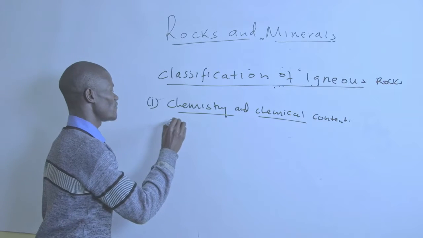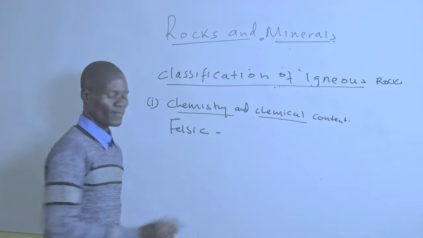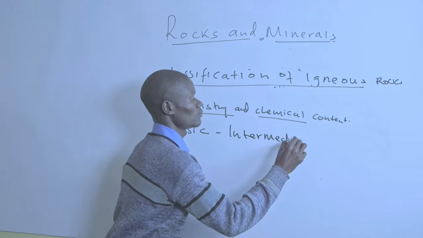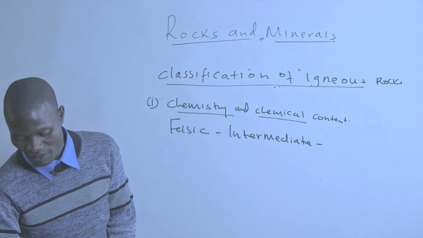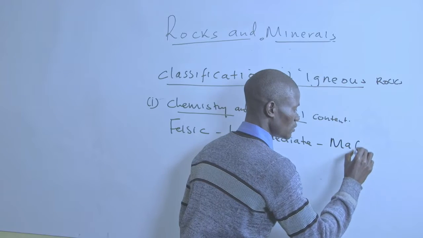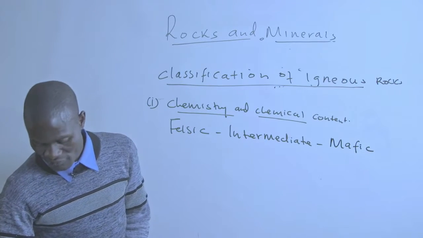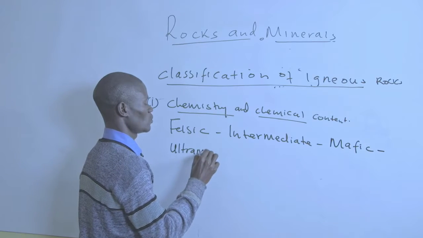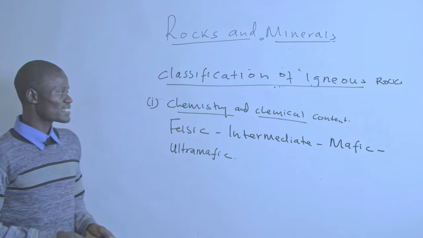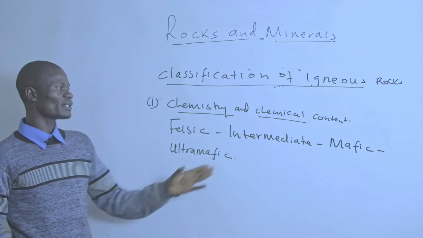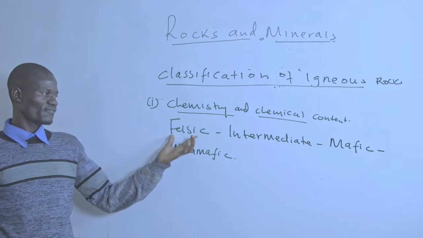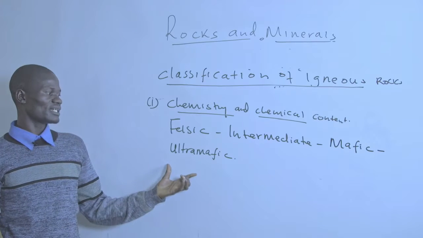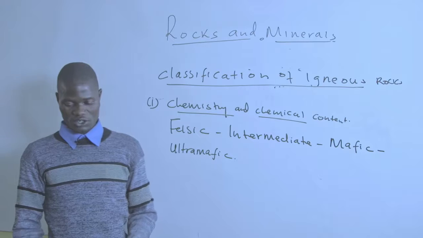One, we will have felsic, then intermediate, another one called mafic, and lastly, ultramafic. So we have felsic as one class of rocks, intermediate as the second, mafic, and ultramafic as another class of the igneous rocks.